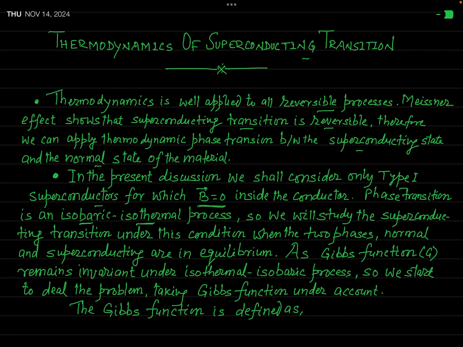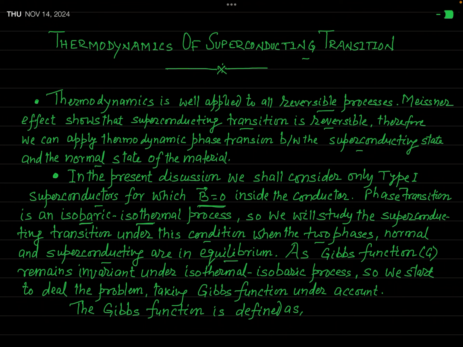Actually, when we consider there is a phase transition from one phase to another or one state to another, then definitely at a particular pressure and temperature this phenomenon takes place, and both phases of the system remain in equilibrium. So we will study the superconducting transition under this condition, that is in isothermal isobaric process, when two phases, that is the normal and superconducting phases, are in equilibrium. And you have also studied in your course on thermodynamics the different thermodynamic potentials.